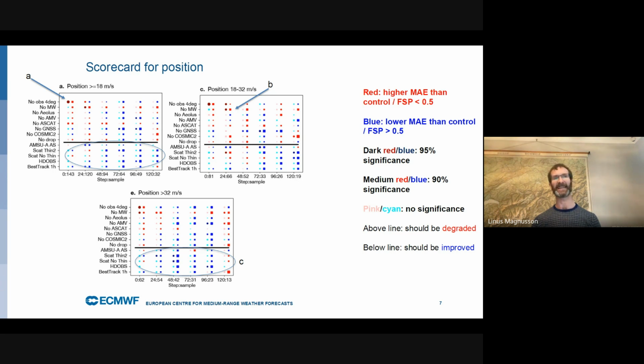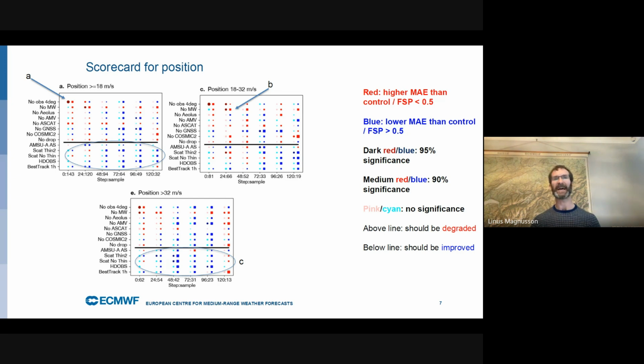So we see the weak results for what was initially a very weak system on the top left, moderate system top right, and the strongest system, so initial winds above 32 meters per second to the bottom.